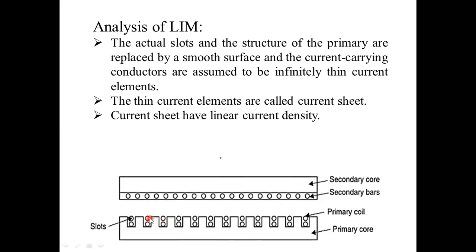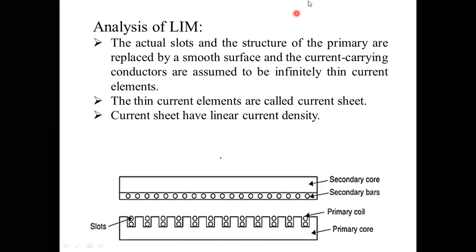That means we are making a smooth surface, with no external parts of the primary coils coming outside. There is a smooth surface in between these two, and we obtain that smooth surface by using the current carrying conductors.